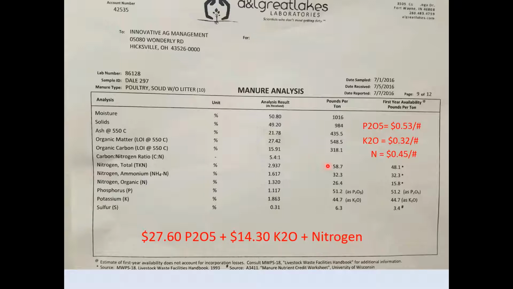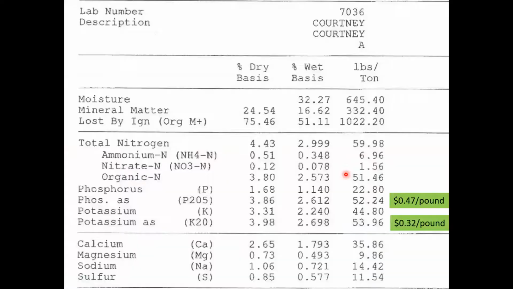Just remember that the nitrogen is only as valuable as you make use of it. If you're going to put that poultry litter out in September with no cover crop, nothing to grab those nutrients and use them, then you're likely to lose quite a bit of that nitrogen.